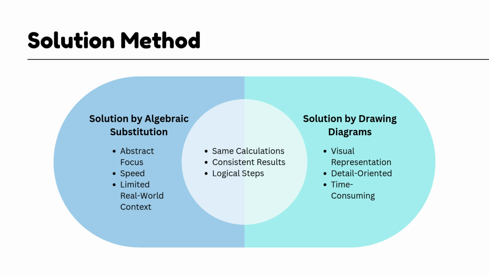This approach gives us a better sense of the layout, including features like the walking path and expanded area. Through this method, more time is consumed to create the diagram. But the diagram also adds real-world context to help us visualize how each measurement fits into the park's actual design.